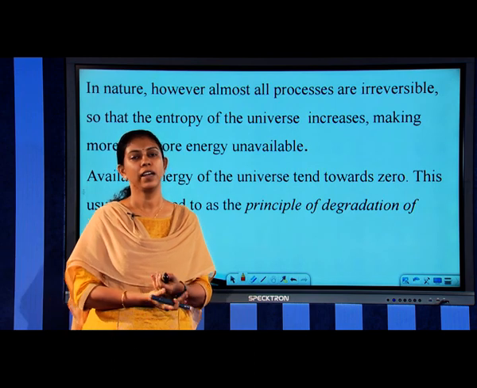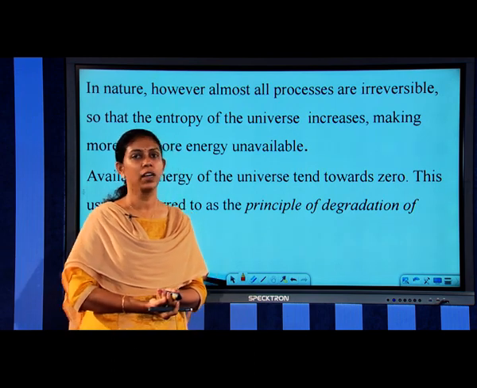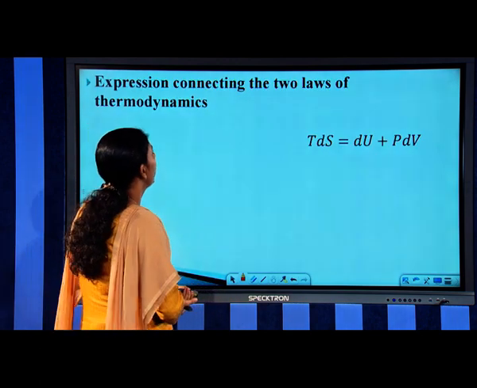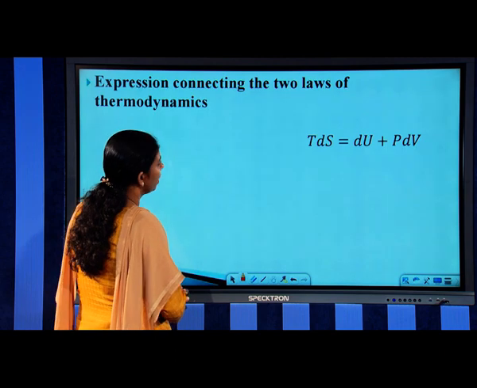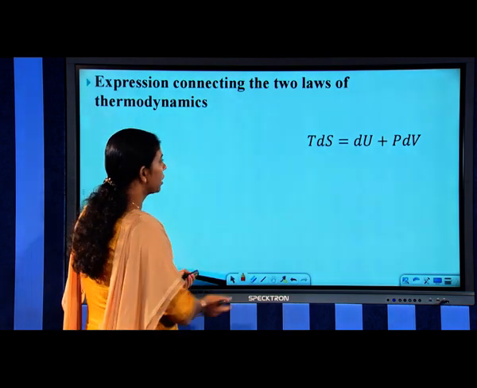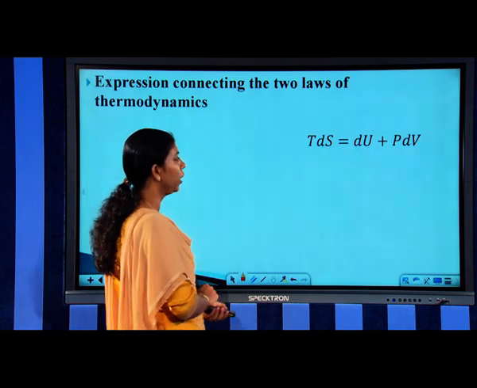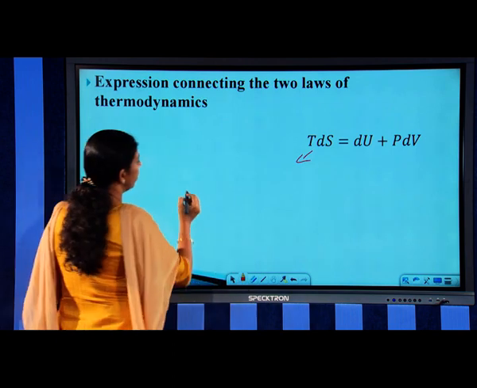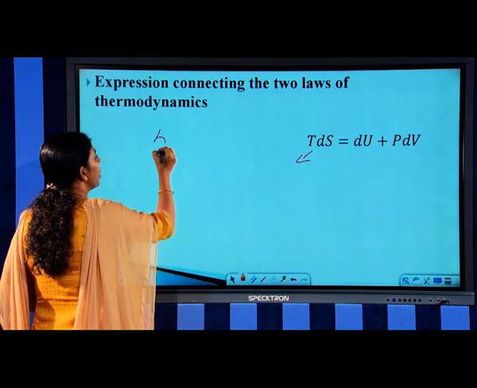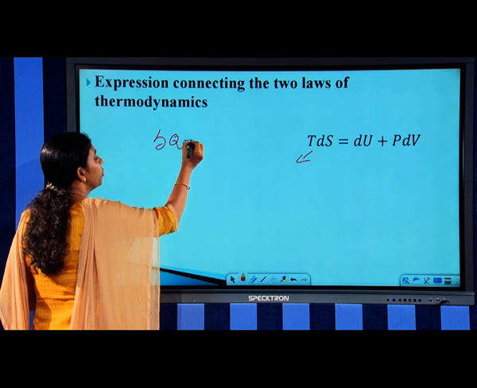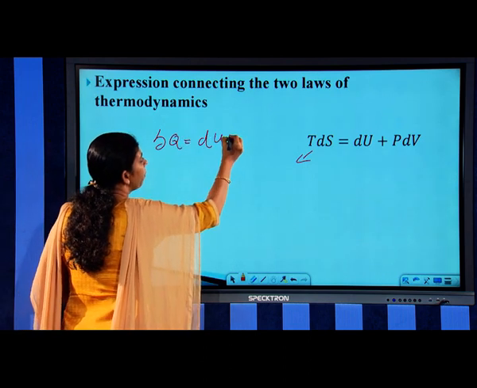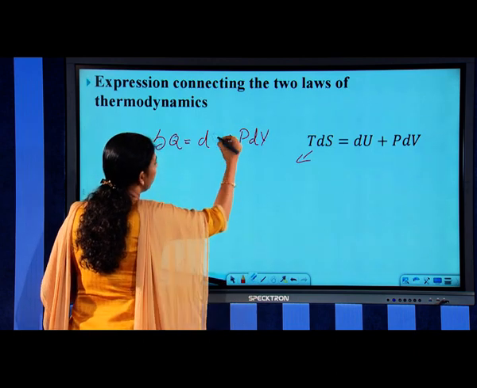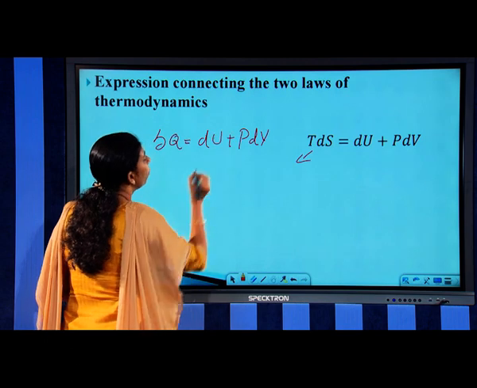Next we go to the expression connecting the two laws of thermodynamics, the first law and the second law of thermodynamics. The expression is TdS is equal to dU plus pdV. How do we get this expression? From the first law of thermodynamics, delta Q is equal to dU plus p dV.